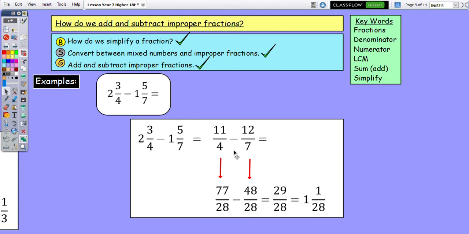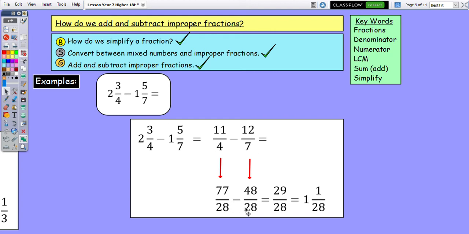Okay, and again I've got to find a number that I can get 7 and 4 into. So in other words, what number in the 4 times table and the 7 times table can I use that's the same for both numbers? Easiest way is to just do 4 times 7. 4 multiplied by 7 is 28.